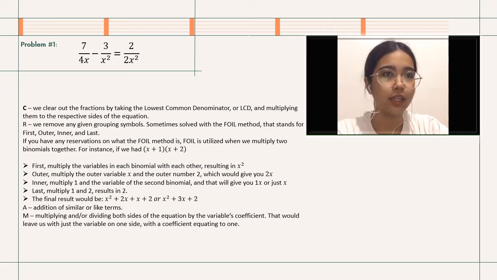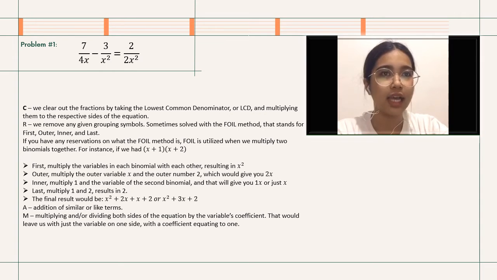Multiply 1 and the variable of the second binomial, and that will give you 1x or x. Last, multiply 1 and 2. Result is 2. The final result would be x squared plus 2x plus x plus 2, or simplified into x squared plus 3x plus 2.